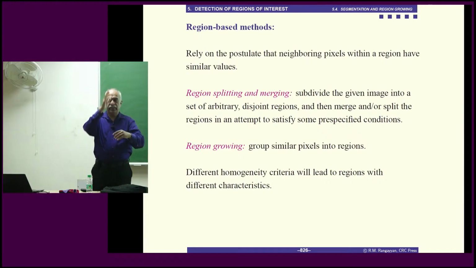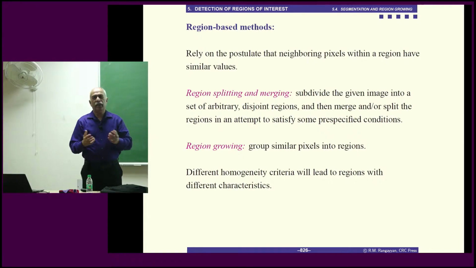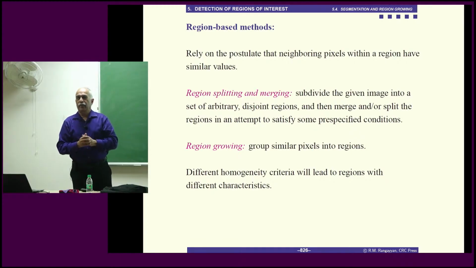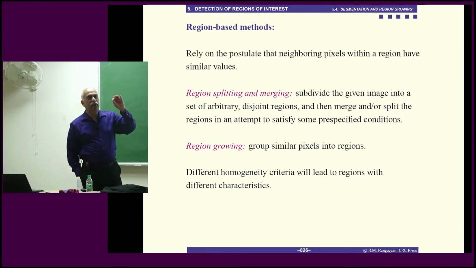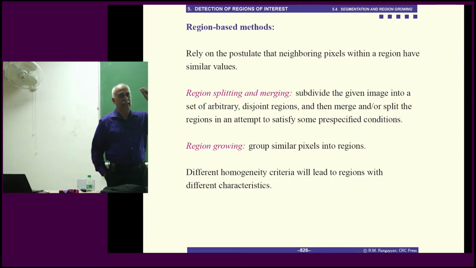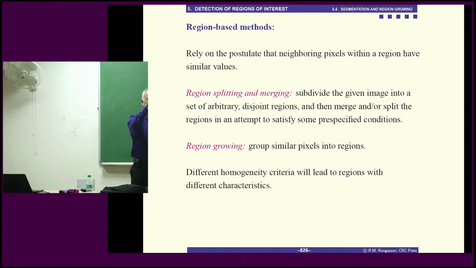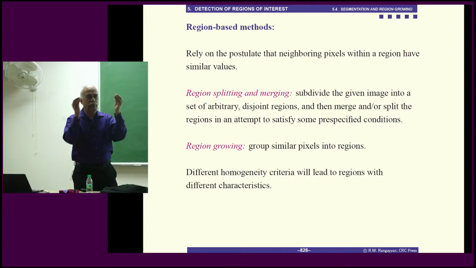If there is too much variation, subdivide that further, typically into quarters, not arbitrary shapes, and then check each of them. When each region is uniform according to your criterion, say I'm not going to split that any further, and check the other regions. And later on, after all the splitting is finished, do merging. Check adjacent regions. If their properties are similar using some other criterion, merge and connect them. And keep doing that until you cannot merge anymore.